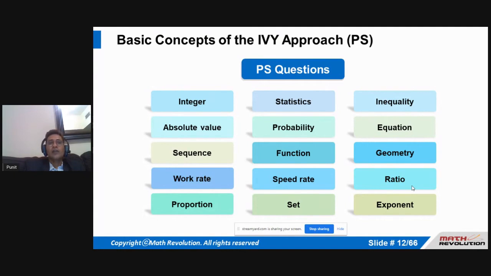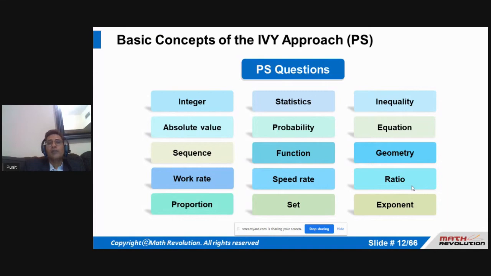PS questions are majorly from integers, statistics, inequalities, absolute value, probability, equations, sequence, function, geometry, work rate and speed rate, ratio, proportion, set, and exponent. Out of these, integers, statistics, inequalities and absolute value, probability, and geometry are key.